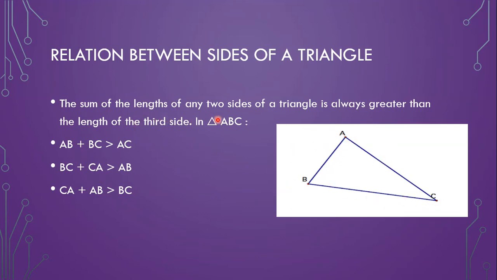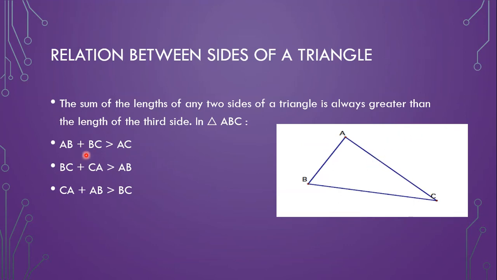So sum of the lengths of any two sides of a triangle is always greater than the length of the third side. In this triangle ABC, let us take the sum of these two sides, AB plus BC. So their sum will be always greater than the length of the third side. What is left?